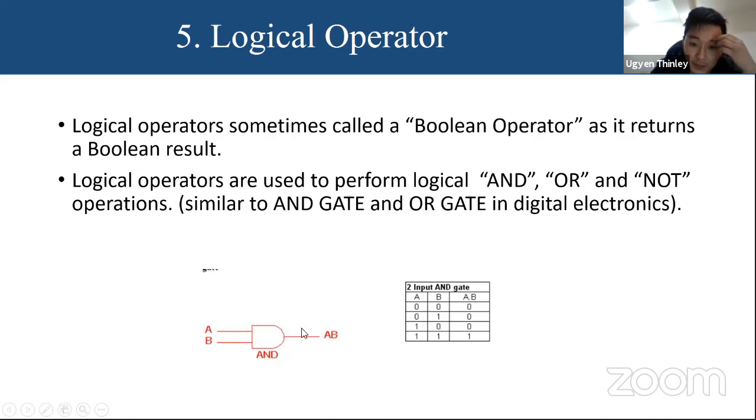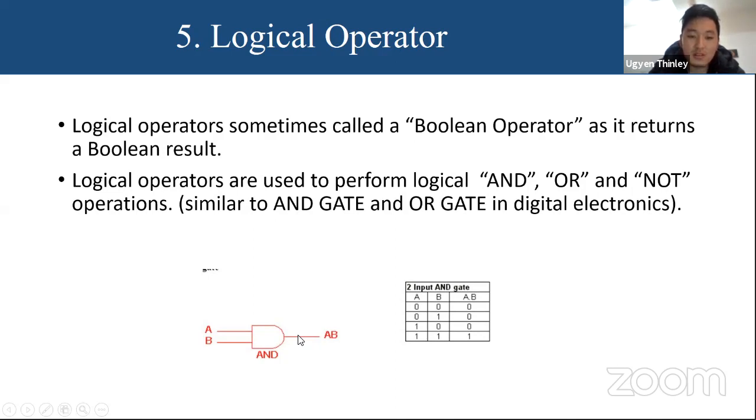Here is the AND gate table. We are giving an input A with a value 0 and B with a value 0, and putting it through an AND gate, and the result will be 0. This is how the logic of the AND gate happens in digital electronics. The result will be true only when the value of A and the value of B are both true.